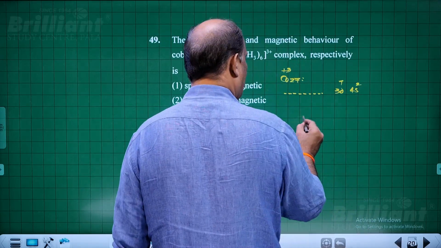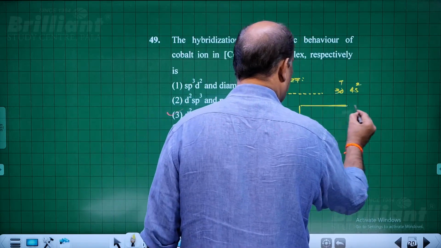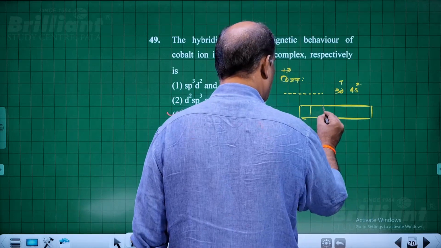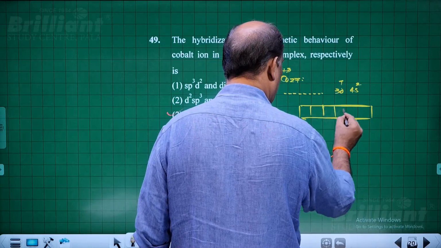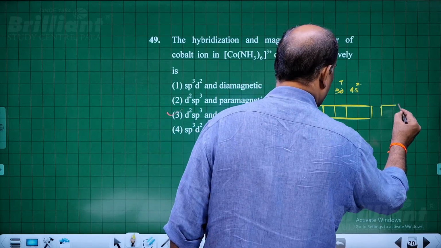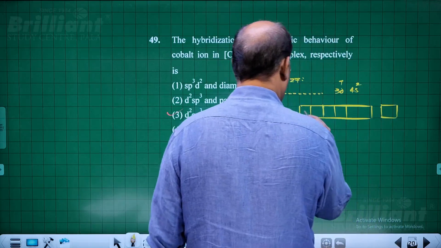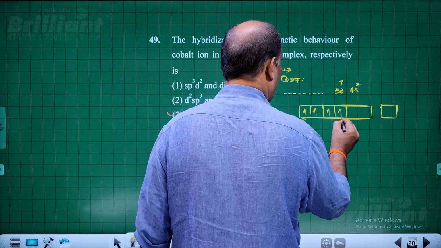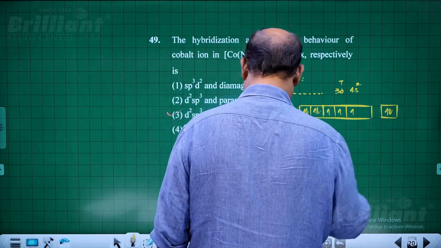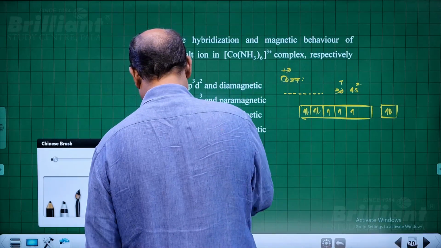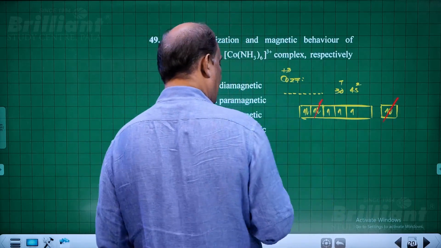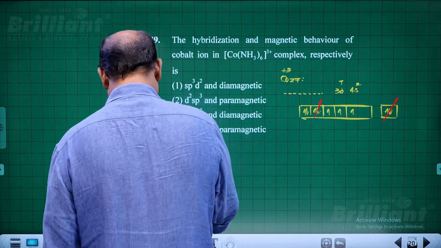So here 3d7, generally what I write here is 1, 2, 3, 4, again 1, 2, 3, 4, 5, 6, 7. Again, because here plus 3 oxidation state is there, that's why I am removing this, and this also I have removed.